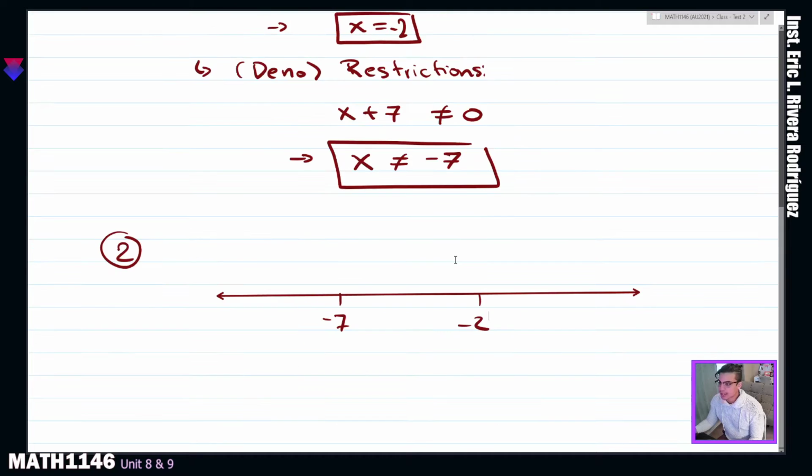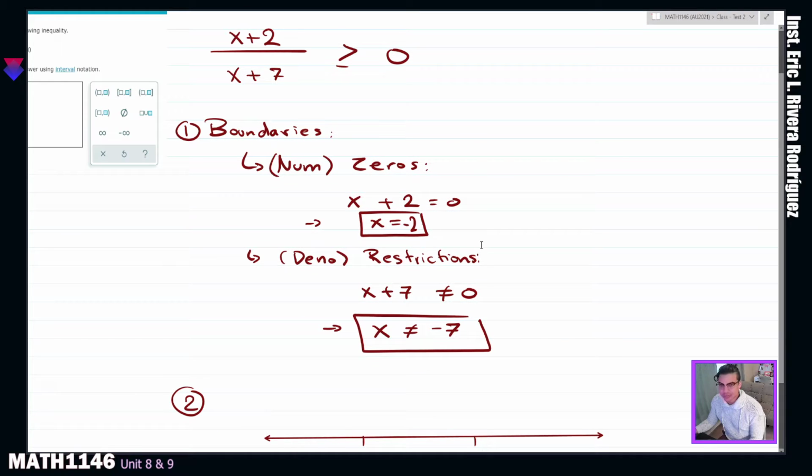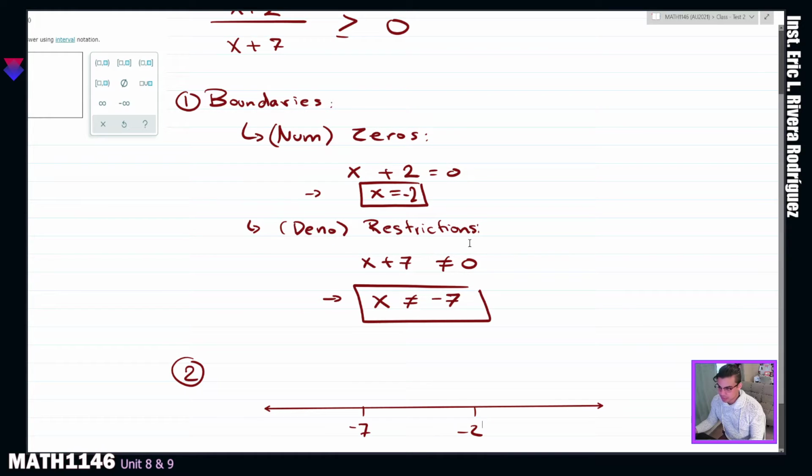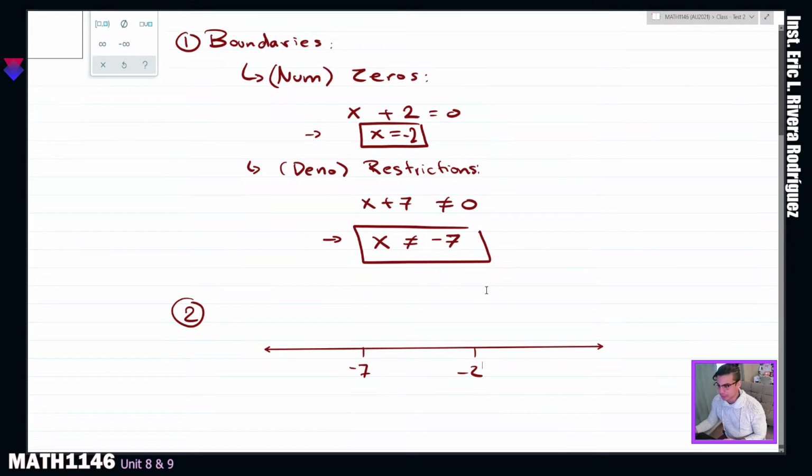Sorry for that, I made a mistake. Thank you, Rachel. The zero of the numerator is -2, not 0. I don't know why I put 0 there. X equal -2 is the zero, and x not equal -7 is the other boundary that we are going to use. Even though we are using a not equal, we are going to take into consideration that -7 there.